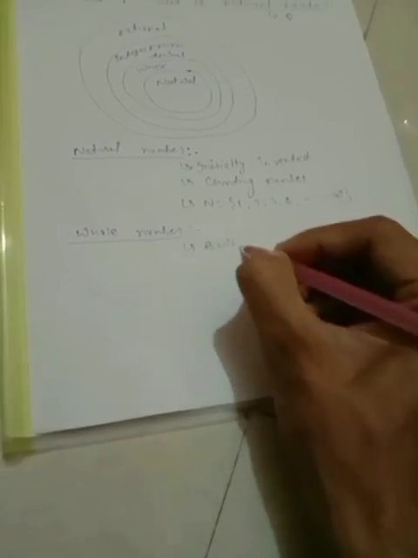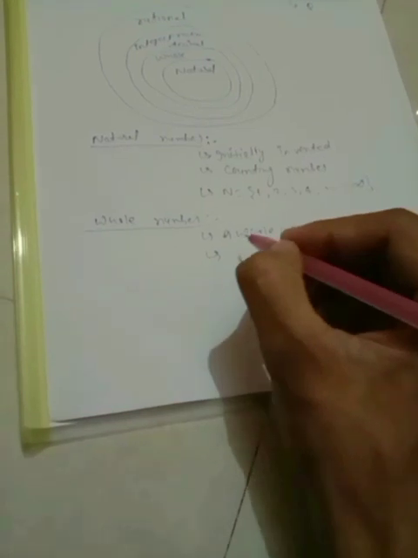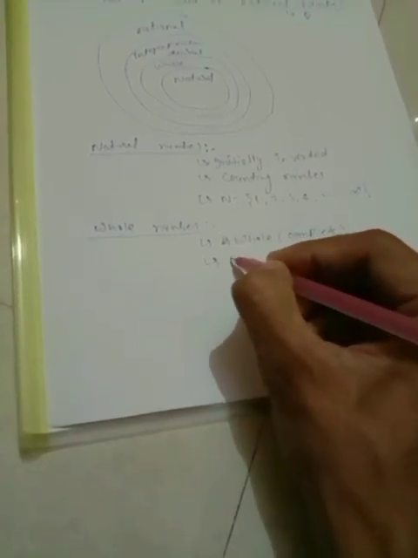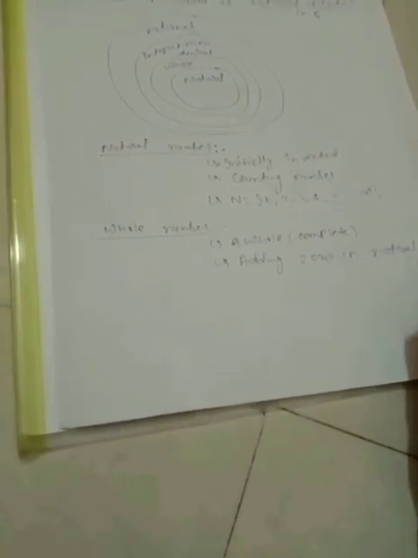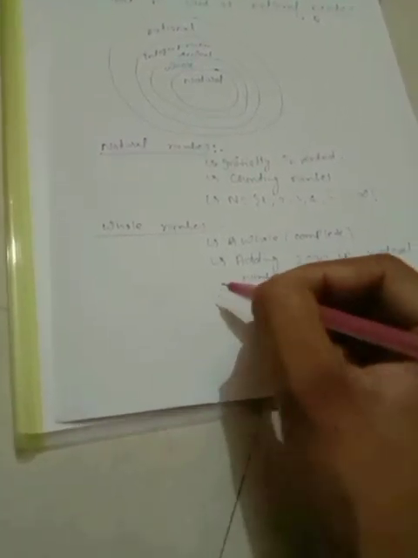And second one is whole number. The word whole means complete. After adding zero, the collection of numbers is complete. Adding zero to natural numbers makes the collection of numbers complete.